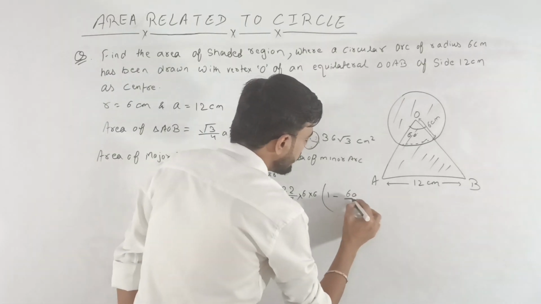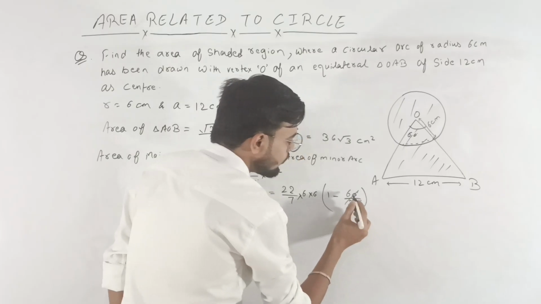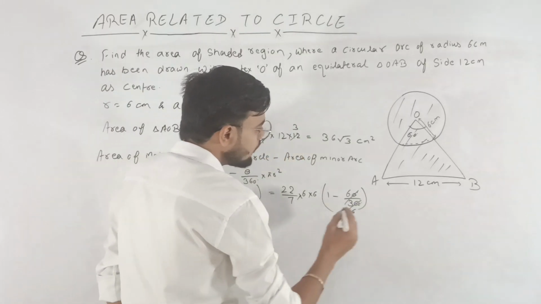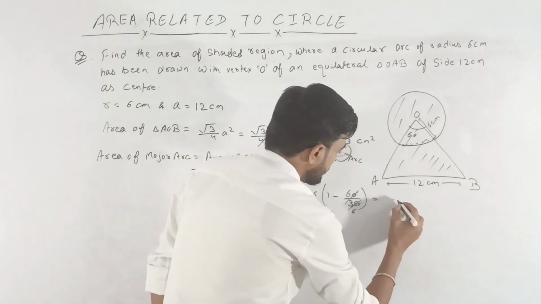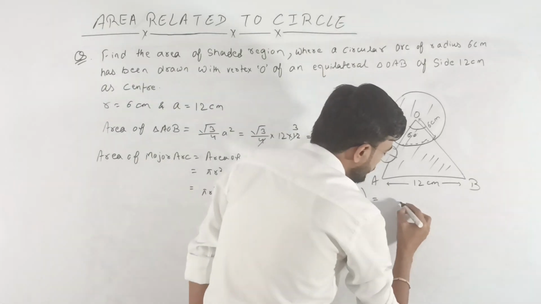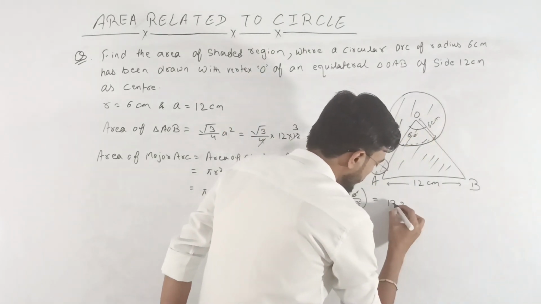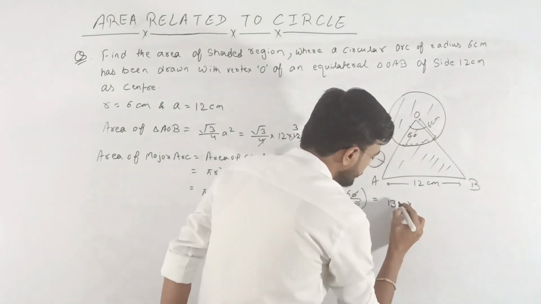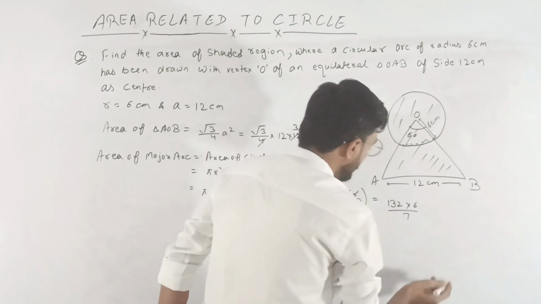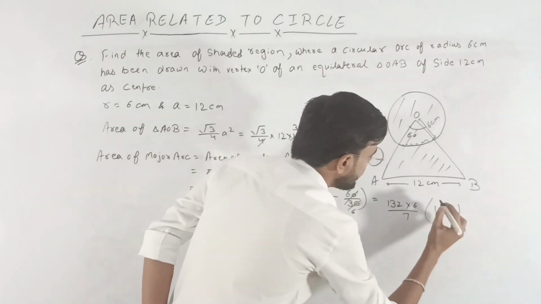Theta is 60 upon 360, so this cancels out. 6 6s are 36, 6 times. So this will become 22 into 6 is 132, multiplied with 6 upon 7. Now here it is 1 minus 1 upon 6.